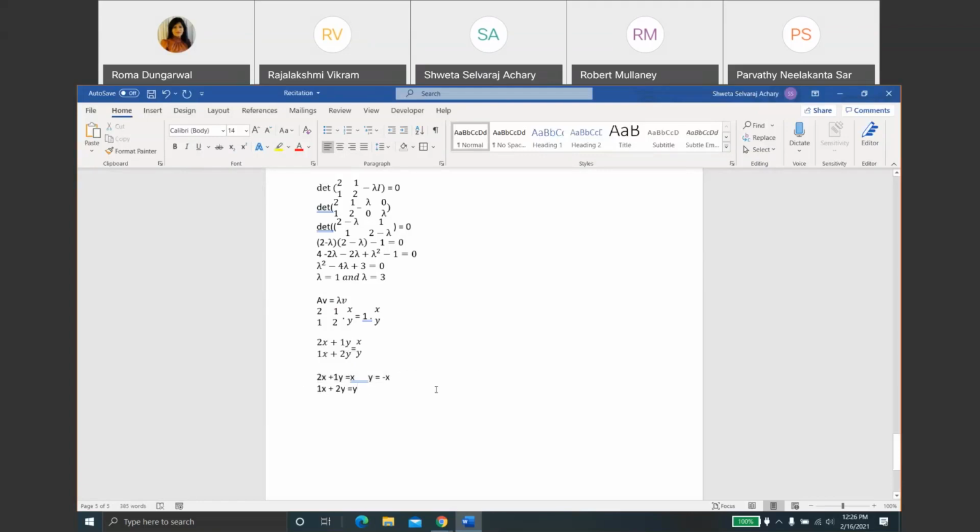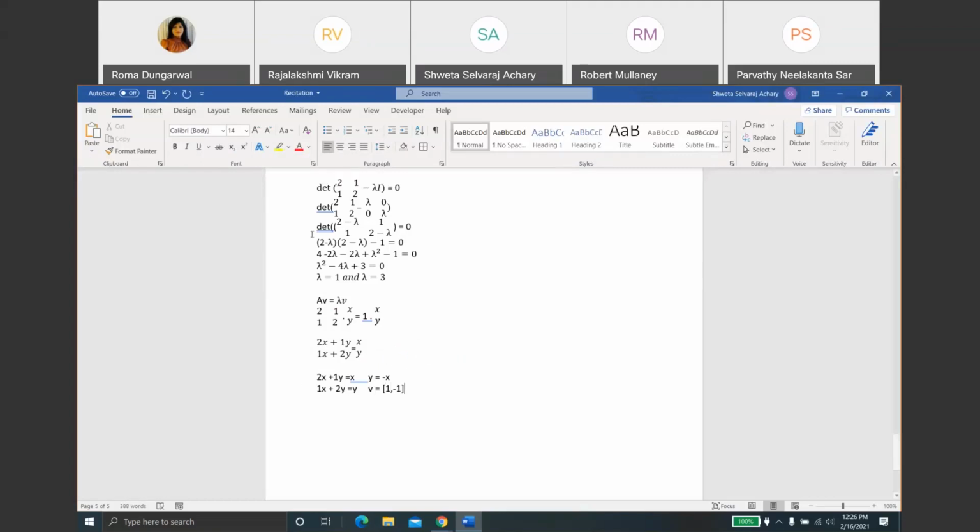Now, all you need to do is substitute a value of x to get y. So when we put the value of x equals to 1, you will get y equals to minus 1. So your first eigenvector will be 1 comma minus 1.